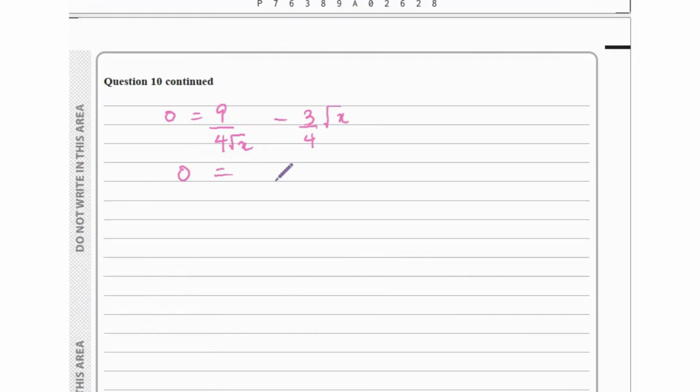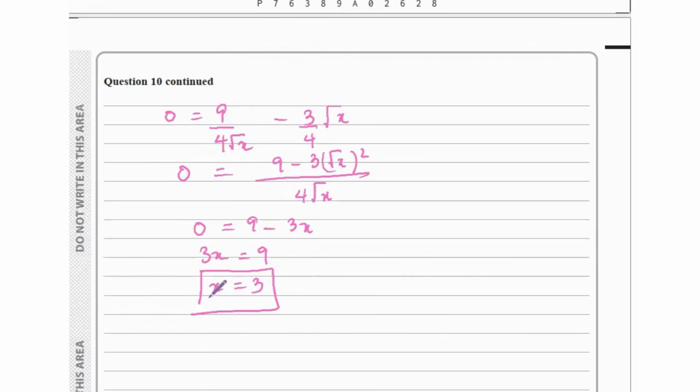Make the denominator the same, so it's going to be 9 minus 3 times root x whole squared over 4 root x. 0 equals 9 minus 3x. 3x equals 9 and x is 3. So that's your x coordinate of P.